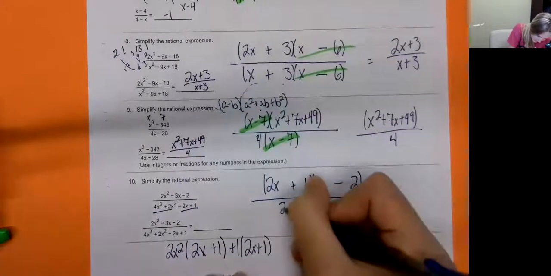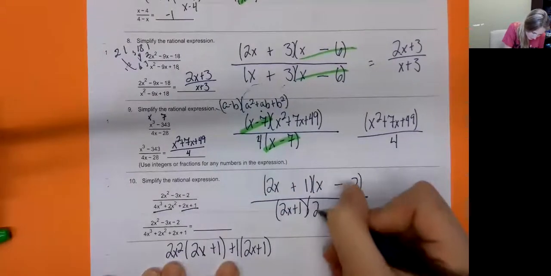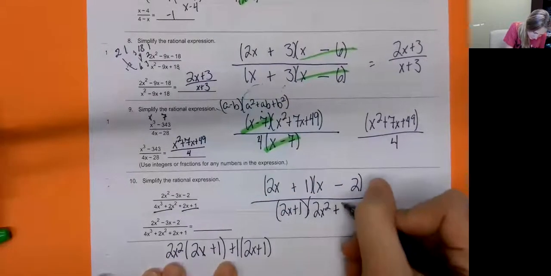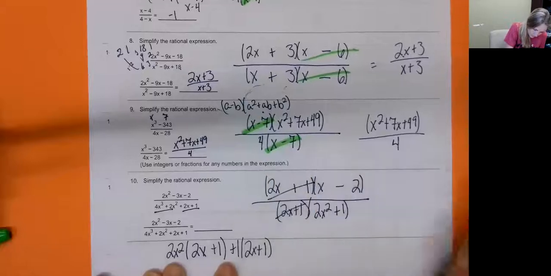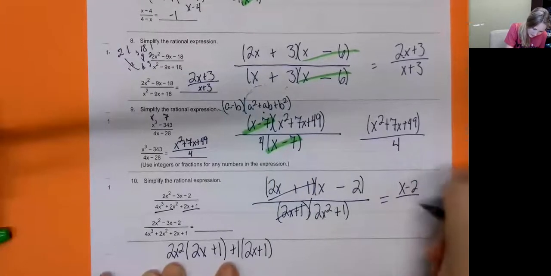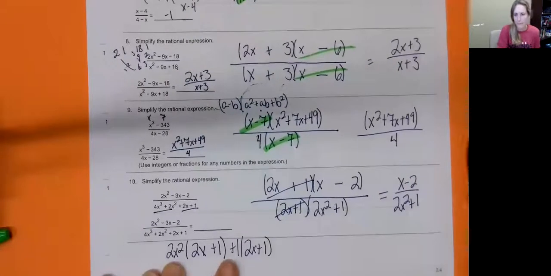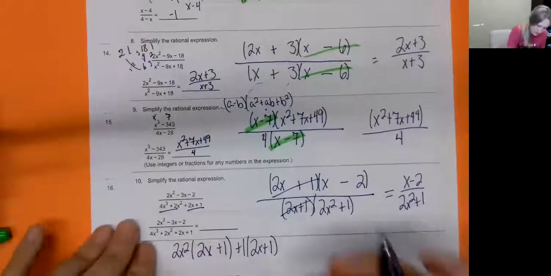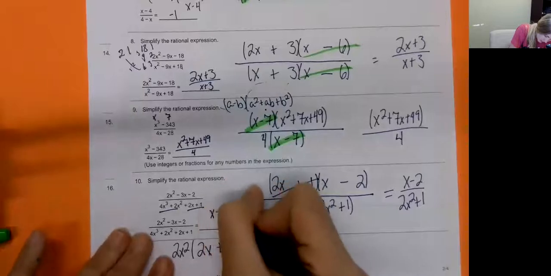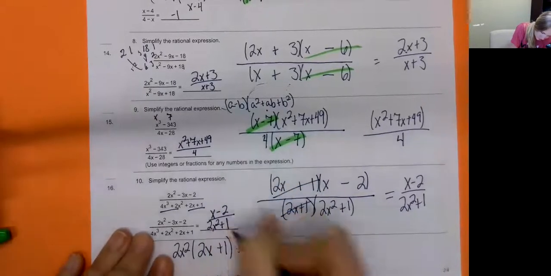So when I factor this, I'll have 2x plus 1 times what's left, 2x squared plus 1. And those would cancel. Over 2x squared plus 1. Let me write this over here real quick. x minus 2 over 2x squared plus 1.